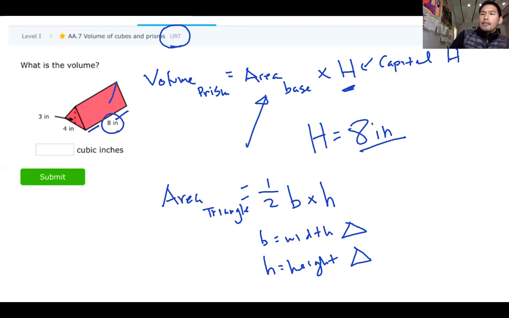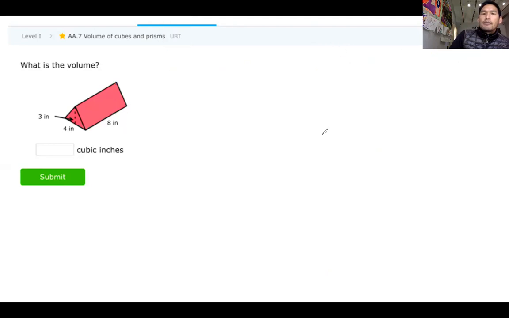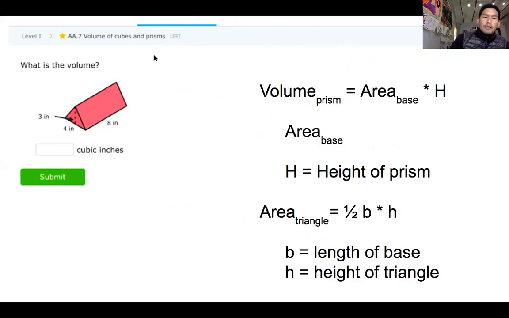Let me clear all my drawings and go back to the mouse and move on. So here I wrote it out just because I knew all my pen writing would be kind of painful. The volume of the prism equals the area of the base times big H, and big H equals 8 inches. So we'll put the big H right here.